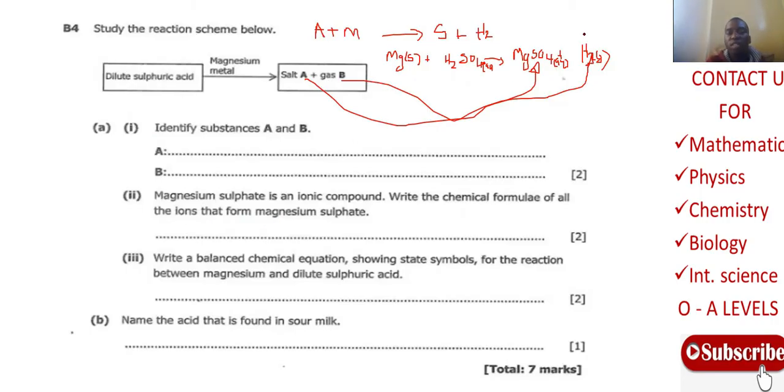So now the ions is where you split this guy. So when you split this guy, you are going to have the following ions. You are going to have Mg2+ and SO4 2-. So these are the ions that you're going to have.